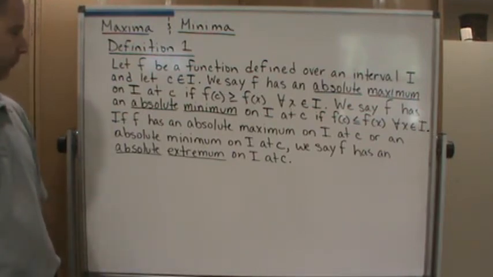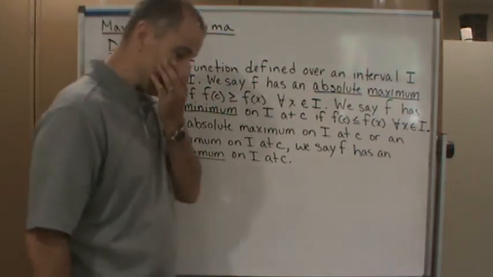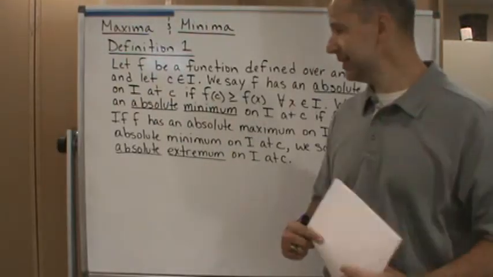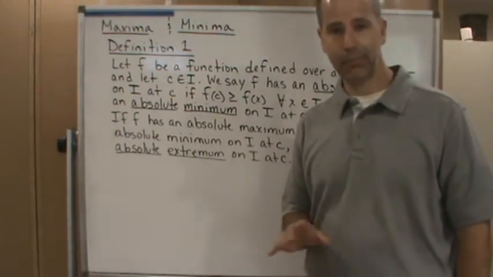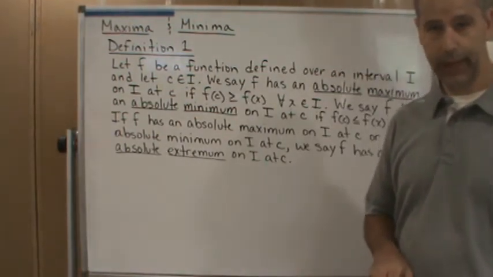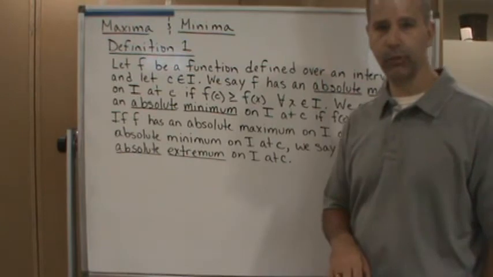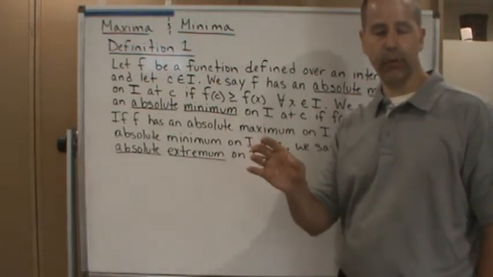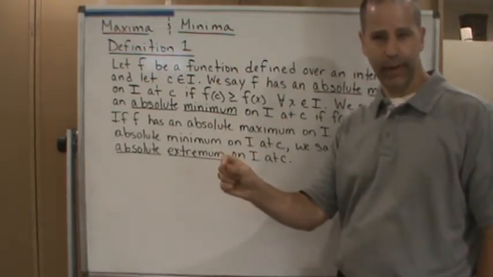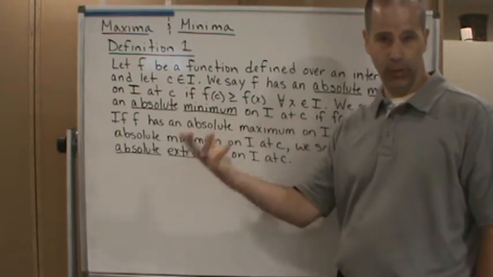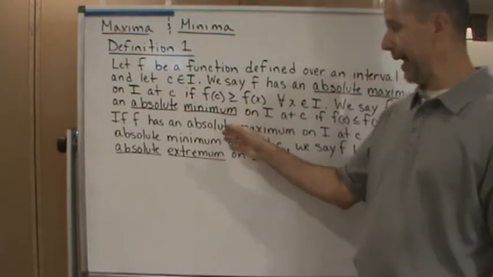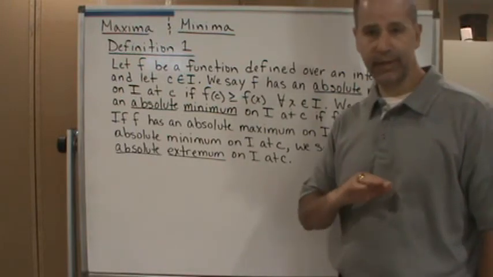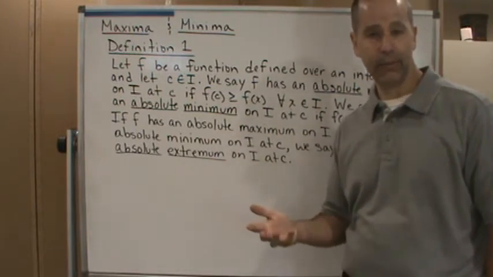Okay? Now, a couple of things to say before we move on. When we use the term absolute here, we're not talking about absolute value. Other than when we were talking about absolute error, right? Absolute error inferred that there was an absolute value. In this case, when we use the word absolute, we're not using it in the way that we're talking about absolute value.